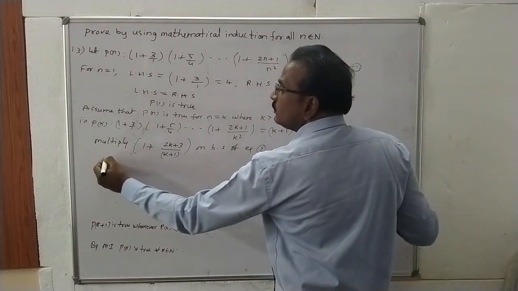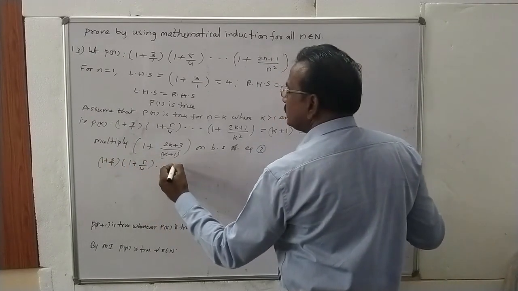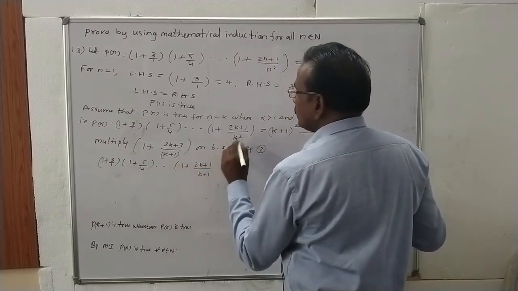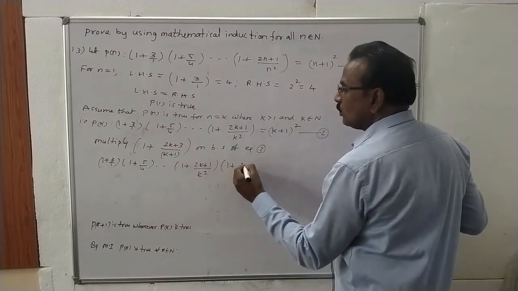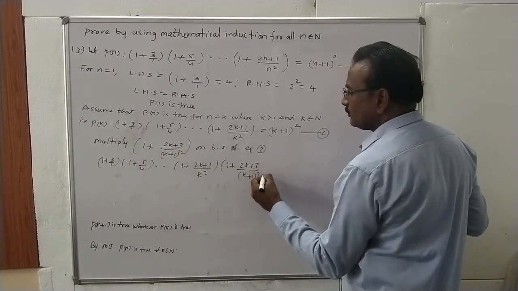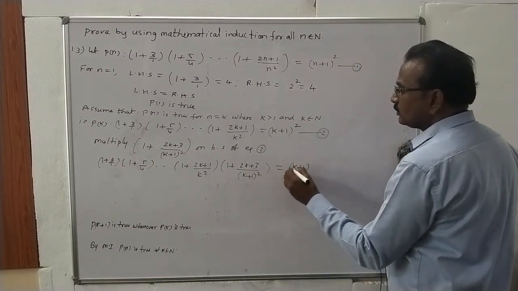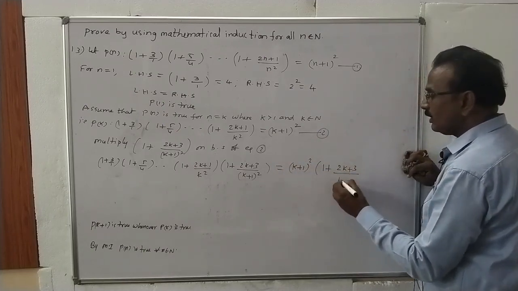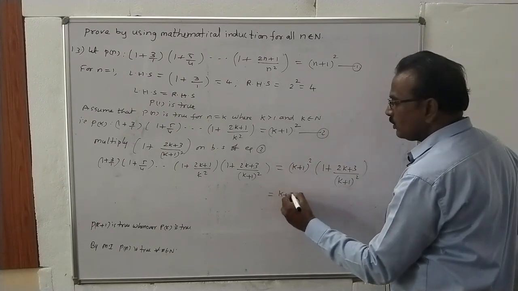So the LHS is 1 + 3/1 into 1 + 5/4 into ... 1 + (2k+1)/k² into, multiplying this term, 1 + (2k+3)/(k+1)². Multiplying this term on both sides, it is equal to (k+1)² into 1 + (2k+3)/(k+1)², so that is (k+1)².